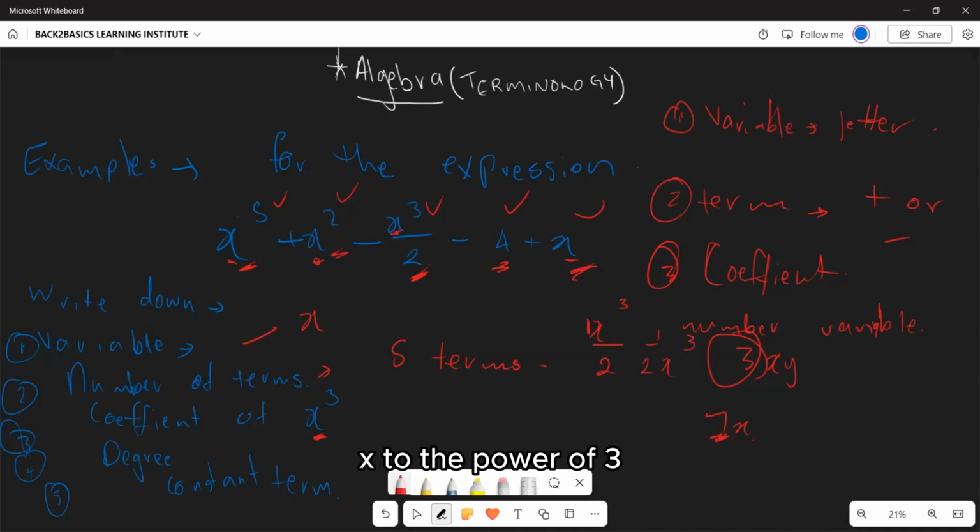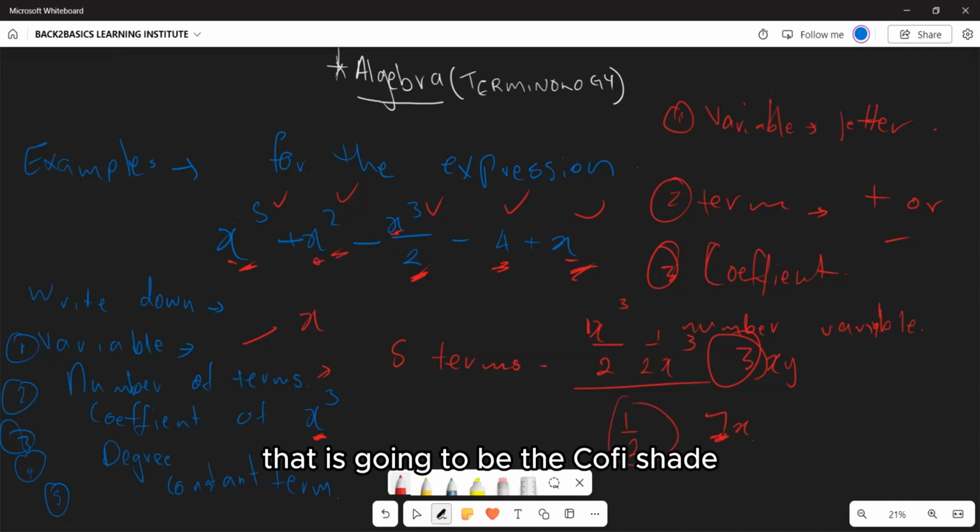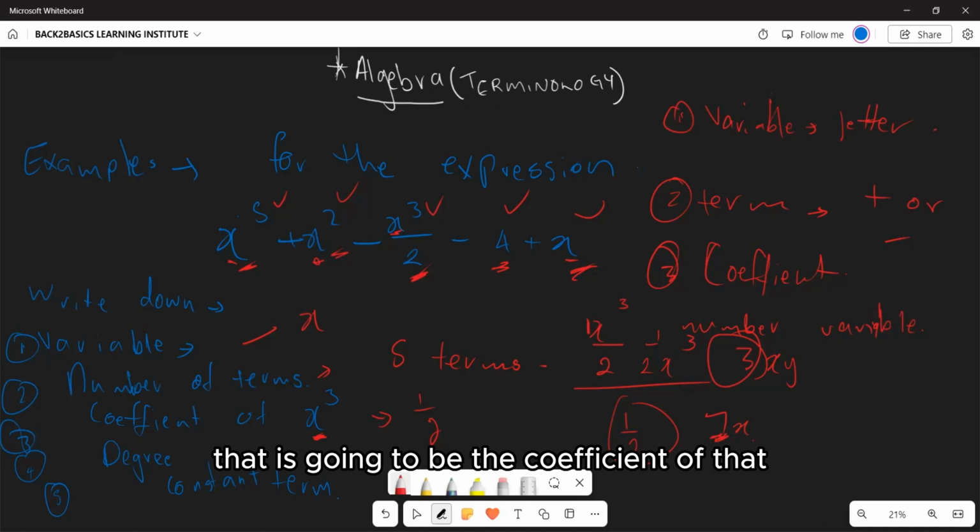Let's write it nicely here. This is going to be 1 over 2 altogether. So the coefficient of this x to the power of 3 is 1 over your 2 altogether. That is going to be the coefficient of that.